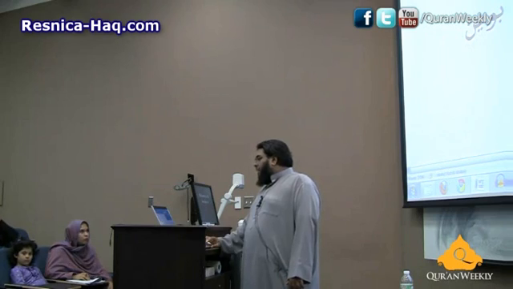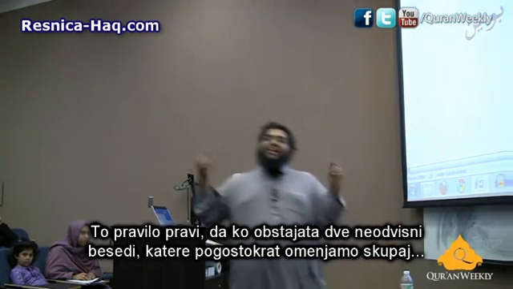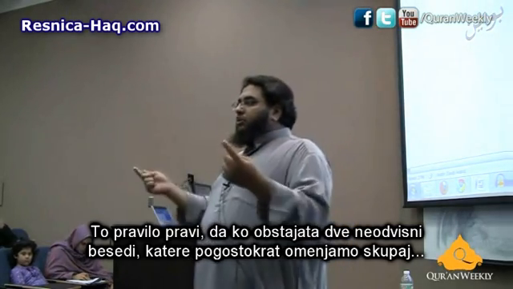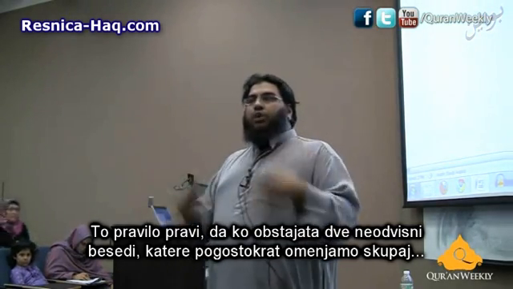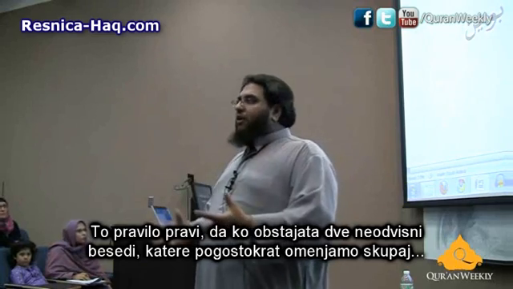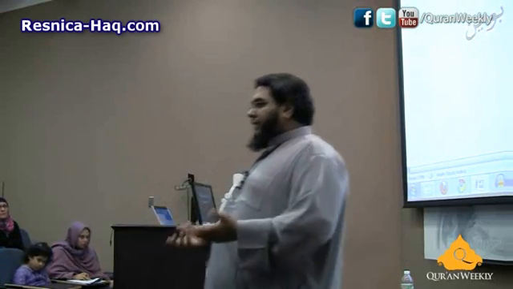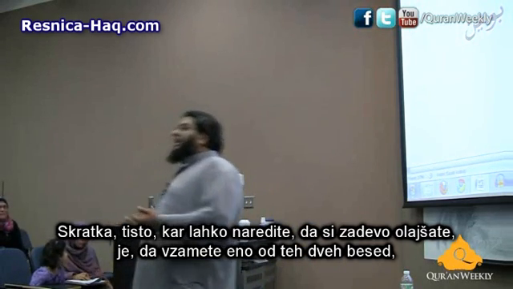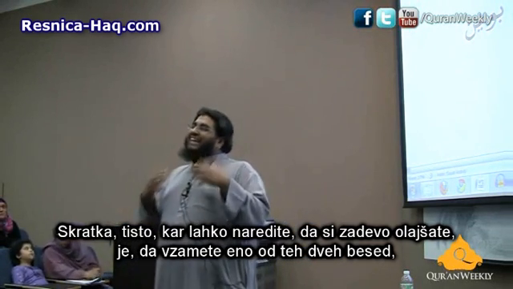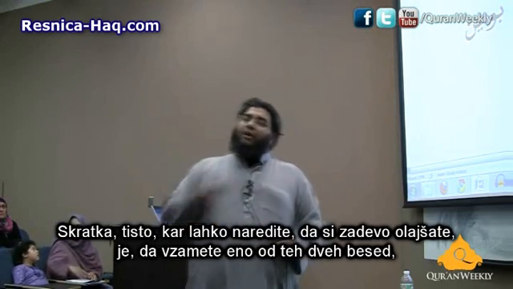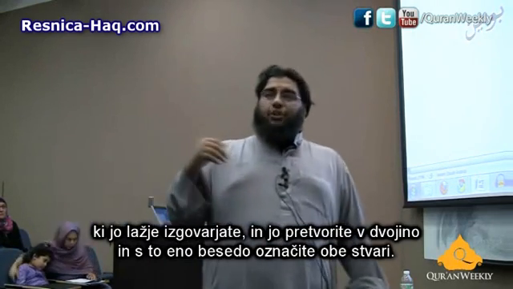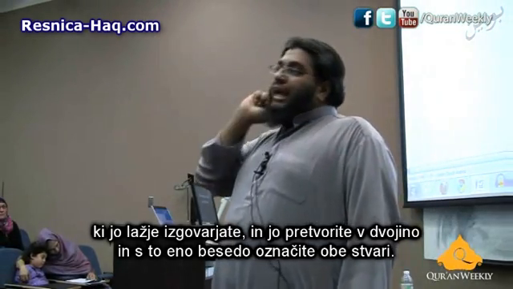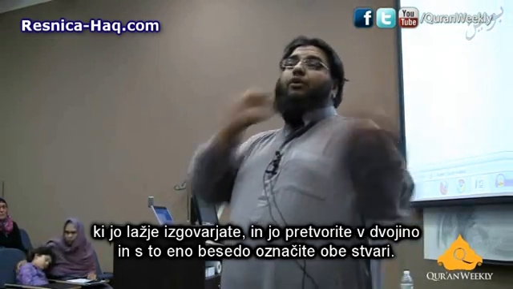What this means is when there are two separate words that are commonly spoken about together, referenced together very frequently, then in classical Arabic, to make it smooth and less tedious, you take whichever word is easier to work with and put it into its dual or pair form. And now it's referring to both of the words.